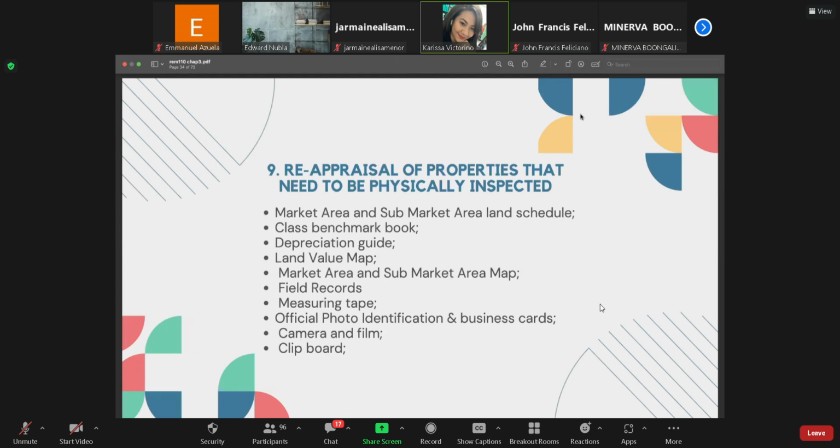Next is the reappraisal of properties that need to be physically inspected. So the pre-appraisal setup is now complete since the land values, land schedules, LCL factors, class benchmarks, and depreciation benchmarks have been developed and the field maps are noted with the details. So to begin the appraisal, the staff shall be equipped with the items shown on the screen.